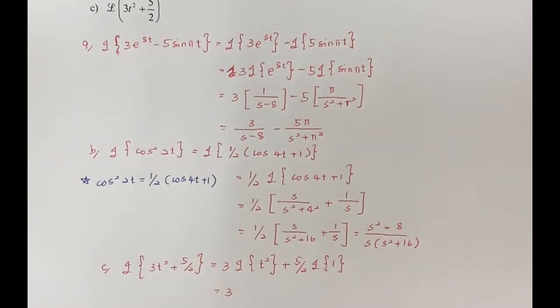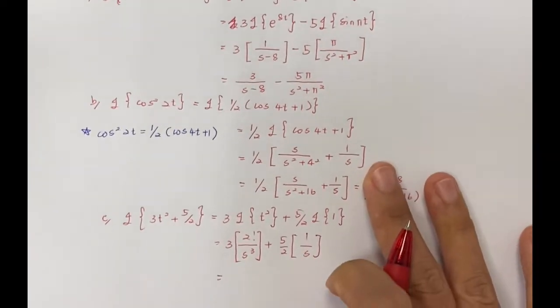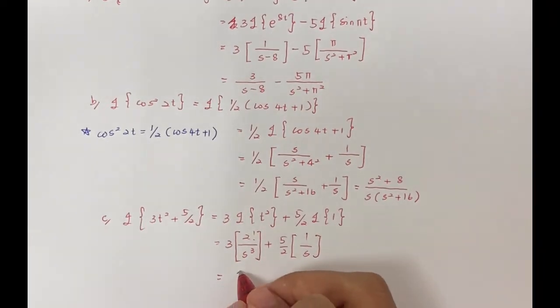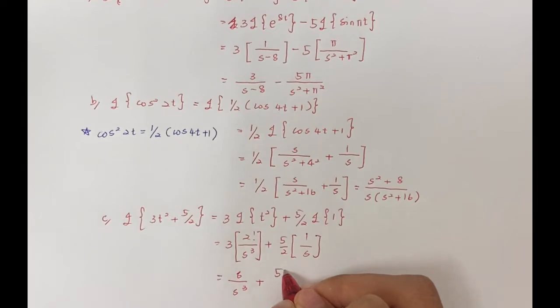So for t square, we have 2 factorial divided by s to the power 2 plus 1, s cube, plus 5 over 2 multiplied by 1 over s. And last answer is 6 over s cube plus 5 over 2s.